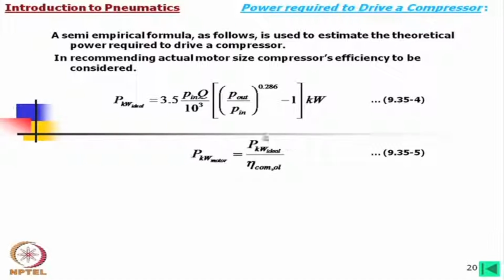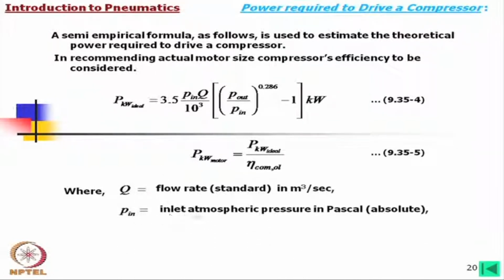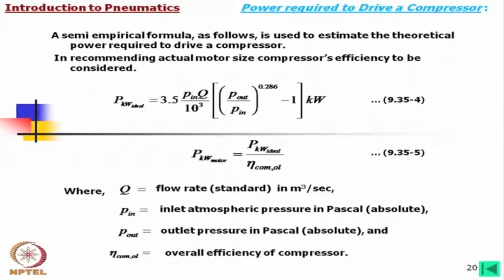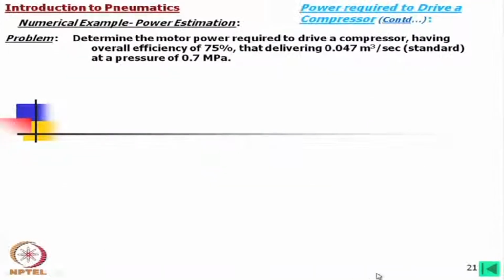We are calculating the ideal one, and then we divide it by the overall efficiency to calculate the power, and Q is the standard flow rate, P in is the inlet atmospheric pressure in pascals, P out is the outlet absolute pressure in pascals, and this is the overall efficiency.